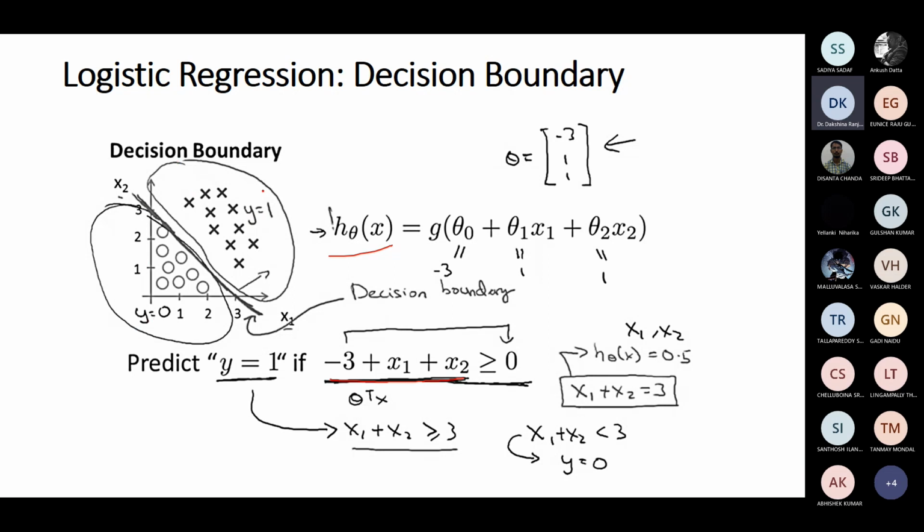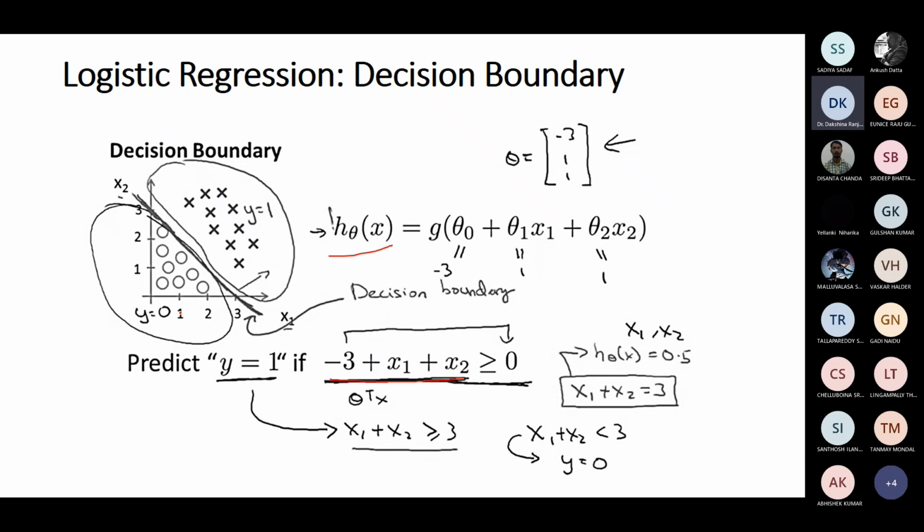That means these training examples or data points will belong to the y equals 1 class, and another set of data points, here you can see the circles, will belong to the y equals 0 class.